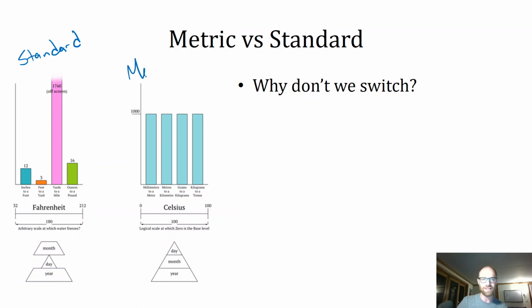The metric unit is kind of nice because it works on base 10. They don't use 10, they use 1,000, but of course 1,000 is just 10 to the third power, so I'll put a 3 there in parentheses as a suggestion. The idea being, a millimeter is a very small distance, like the thickness of a fingernail or something.